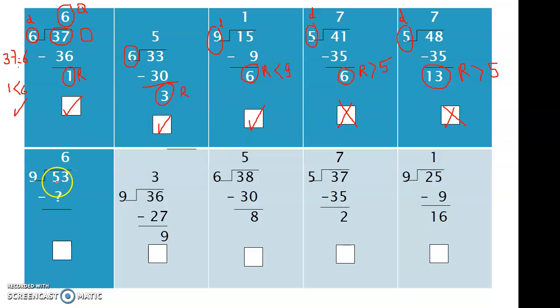Now, 53 divided by which number? 9. Okay, here they didn't write the remainder, we should find it. In order to know the remainder, we have to write table 9.